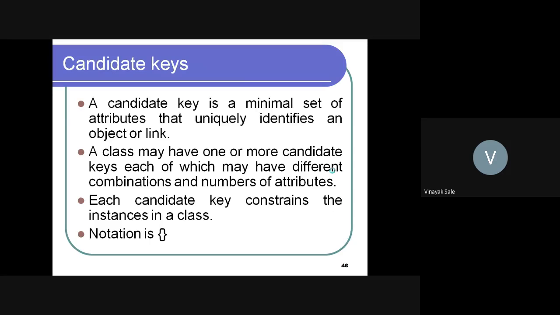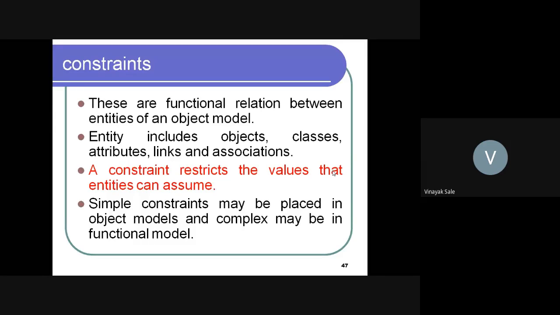A class may have one or more candidate keys, which may have different combinations and numbers of attributes. Each candidate key constrains the instances of the class, and it is denoted by curly brackets. Then constraints.